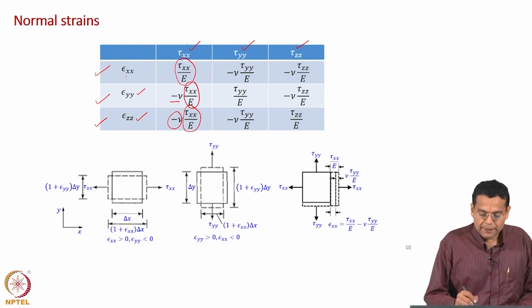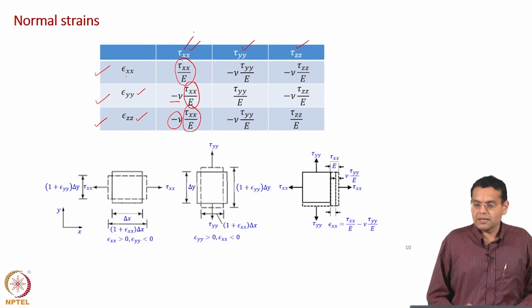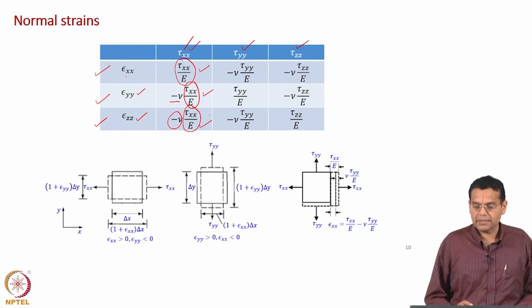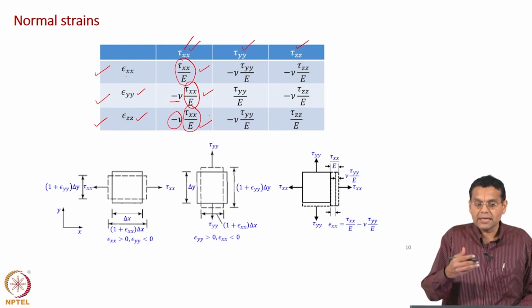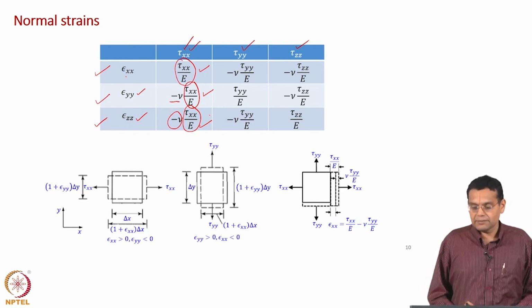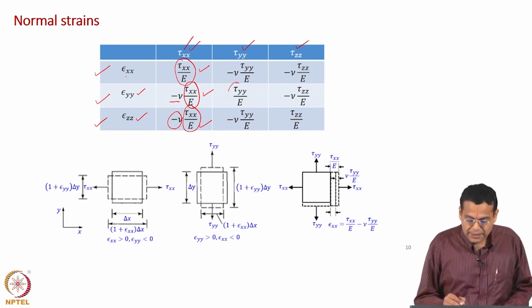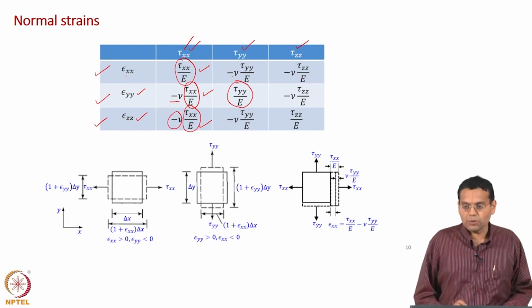So, what is the significance of the entries in the first column? You applied a normal stress along x direction, and the 3 rows represent normal strain along x direction, normal strain along y direction, and normal strain along z direction. This is what we have seen in the slide previous to the earlier slide. Okay. Similarly, if you apply normal stress along y direction, the normal strain along y direction is tau yy by E, because it is in the same direction as the stress.